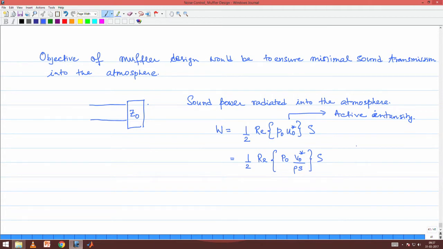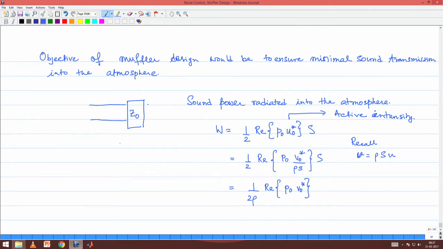So, recall V, which is the mass velocity, is rho times s times u, right. So, therefore, this is the situation. Rho and s are obviously real quantities. So, I could as well pull them out, but s gets cancelled between the numerator and the denominator. So, we are left with this quantity.